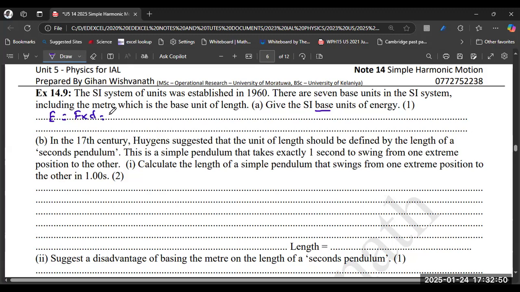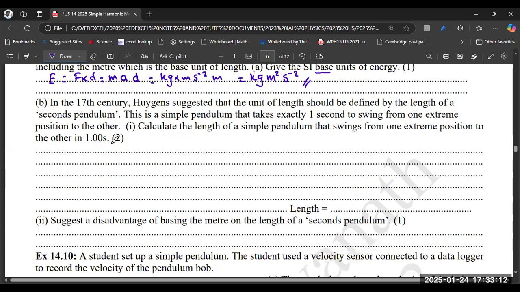Force is mass times acceleration, and then displacement. Mass in kilograms, acceleration in meters per second squared, distance in meters. So kilograms meter squared per second squared. Isn't it right?